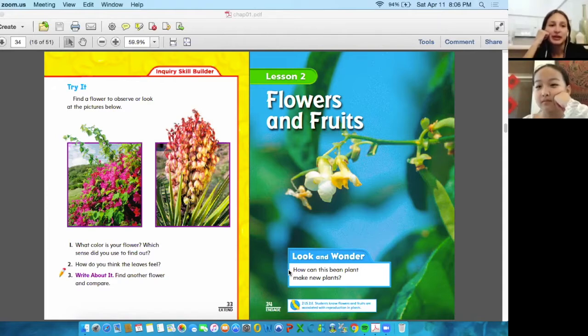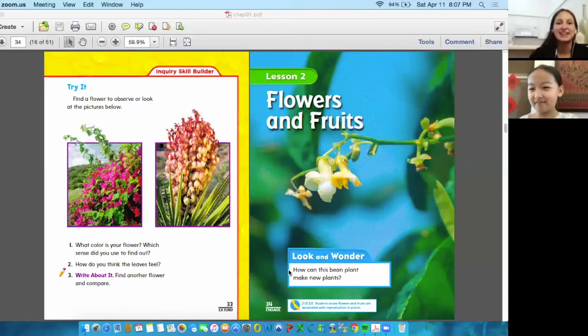What do you think? Use some sunshine. But if we eat one bean, and then we need to grow another bean plant, how can we do that? That's a good question. Let's read and see if we find out, okay?